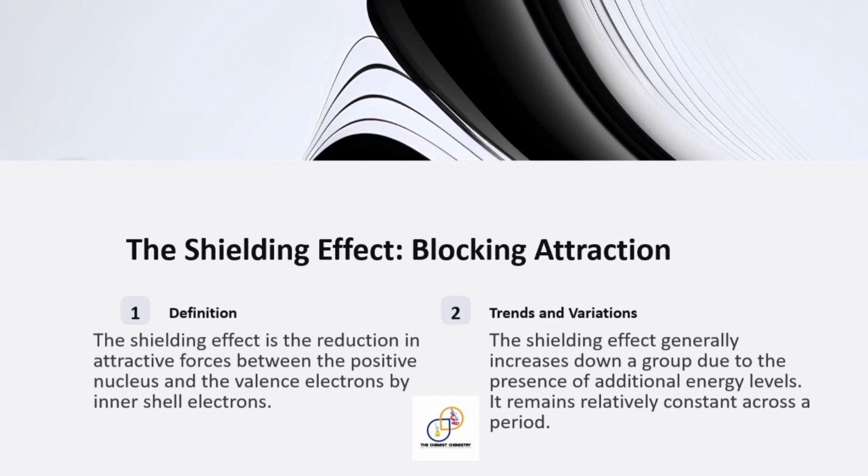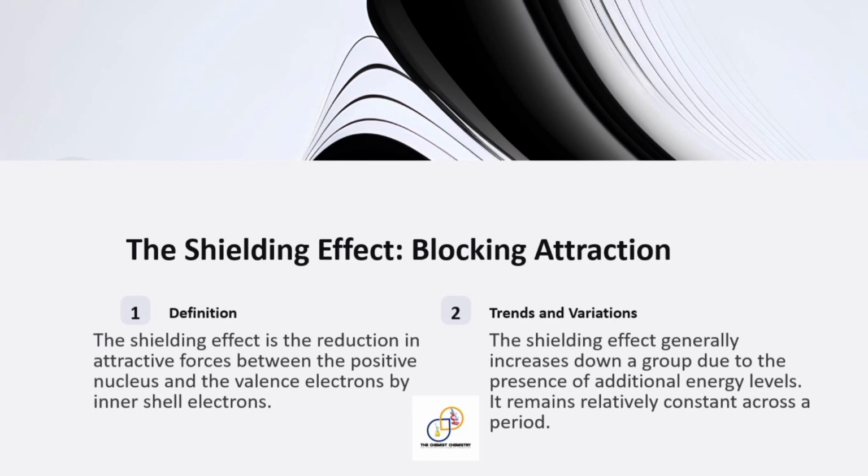Trends and variation: the shielding effect generally increases down a group due to the presence of additional energy levels. We know that down a group more shells are being added. We've learned that in the first and second video lessons.